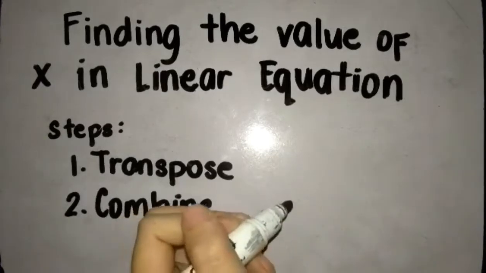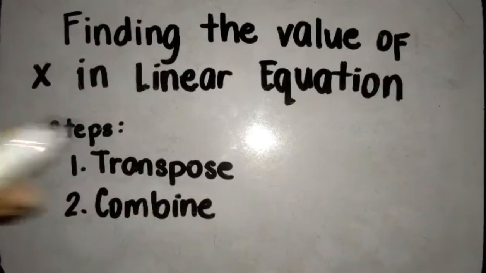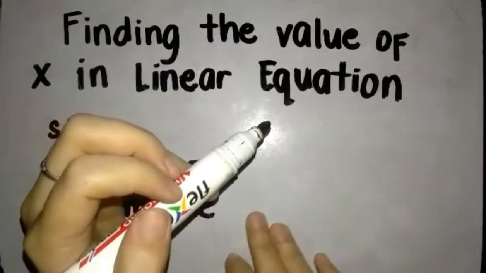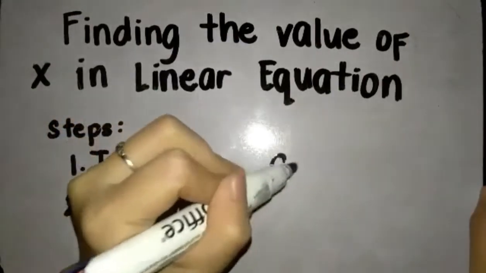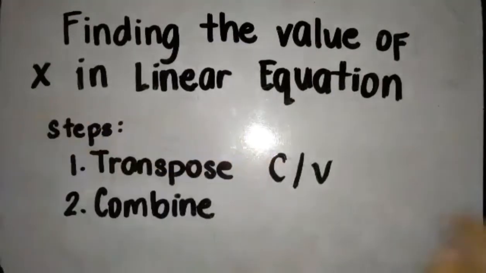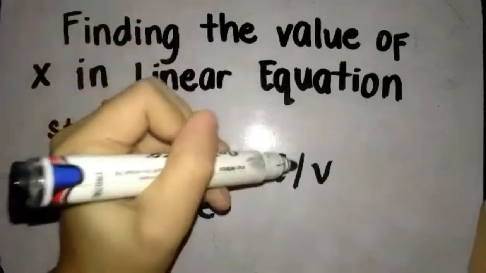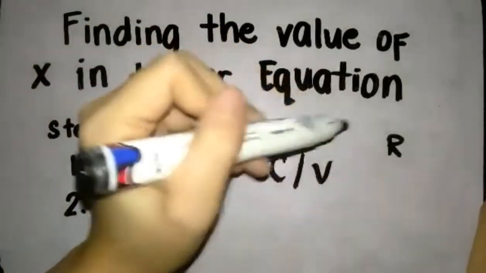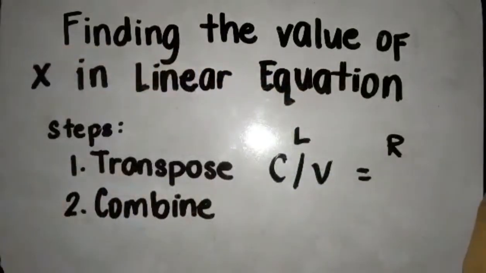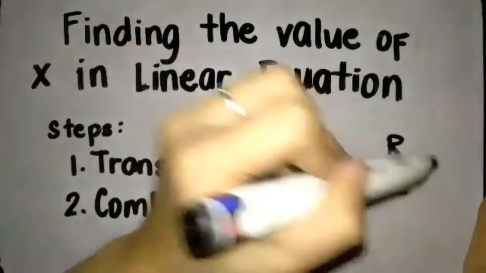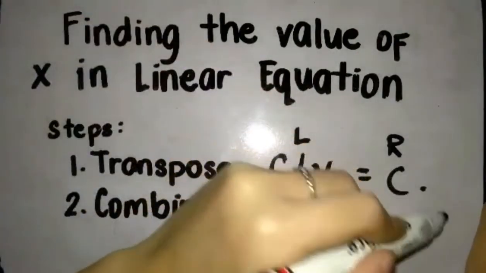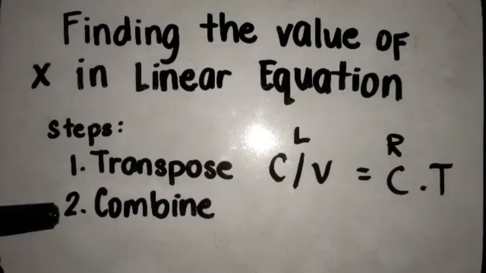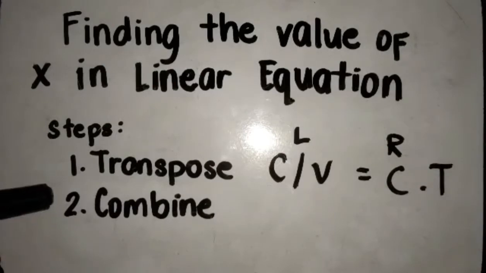In transposing, we will transpose the constant with variables in the left side, and in the right side we will transpose all the constant terms. And second, we will combine all the like terms.